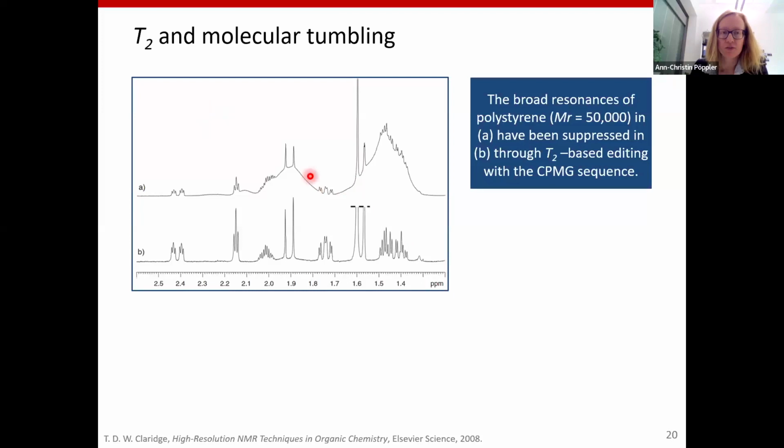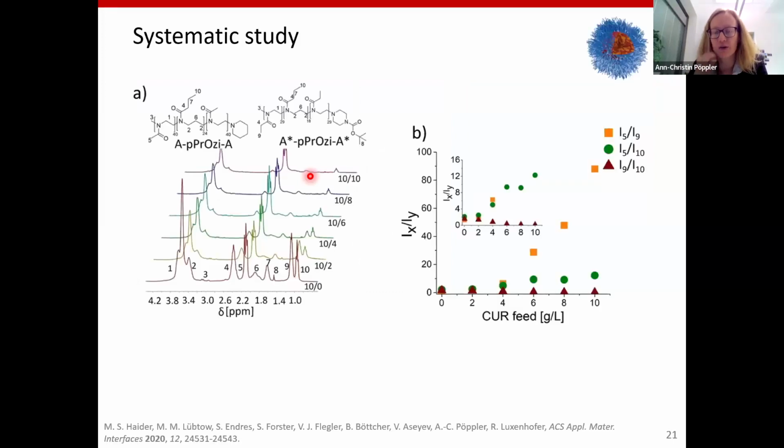So this means that on the one hand, we can have disadvantages from these properties, but we can also use changes in the relaxation behavior to our advantage, or to learn something about our system. And here I've brought you one example of a systematic study of, again, a similar polymer to the ones I've shown you before, that was loaded with different amounts of curcumin, the natural product. And you can see here all the signals being assigned.